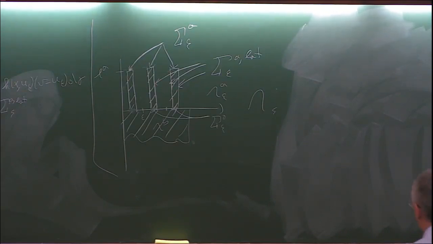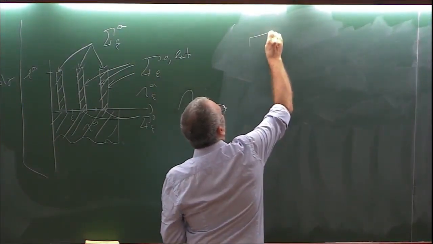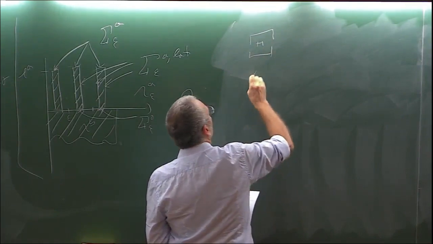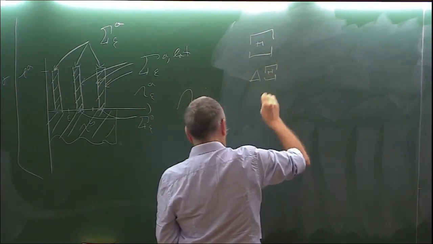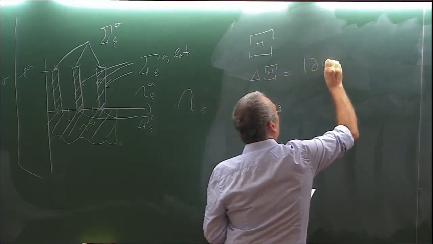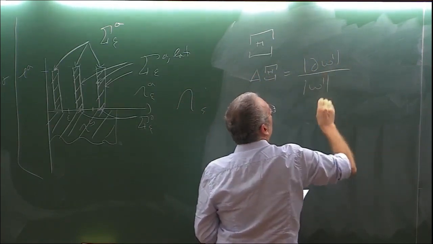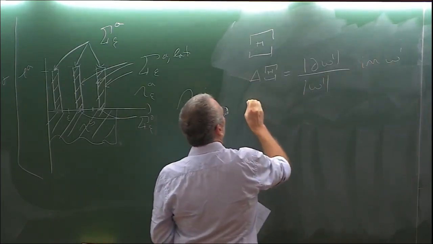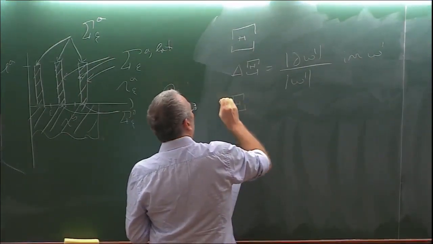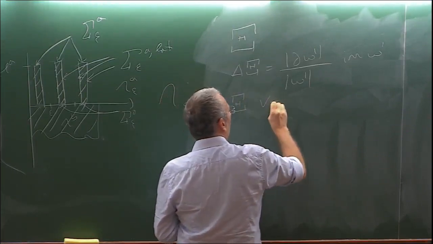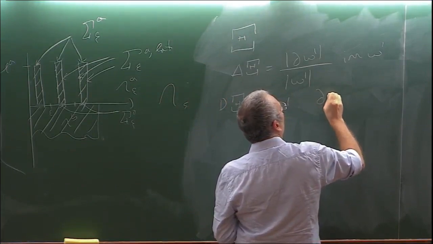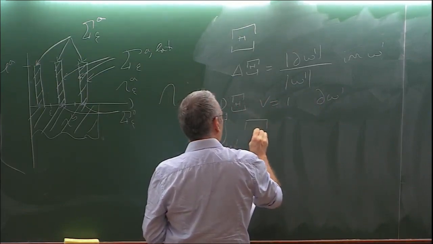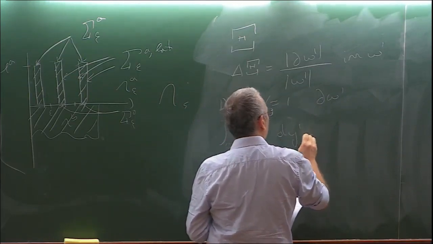To introduce an auxiliary problem, let us denote by Xi the unique weak solution of this problem: Laplacian of Xi equals the measure of the boundary of omega prime over the measure of omega prime, in omega prime; gradient of Xi dot nu equals 1 on the boundary of omega prime; and the integral on omega prime of Xi dy prime equals 0.